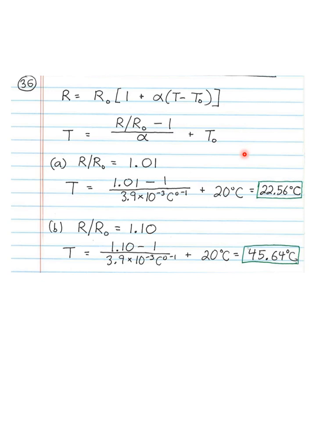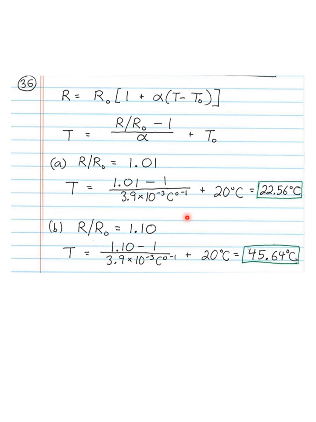Now for part A, if we are raising its resistance by 1%, that means that the ratio of R over R naught, or the new resistance over the old resistance, is 1.01 because it's 101% of what it used to be. So we plug that in for R over R naught, and we're going to need the alpha for platinum.